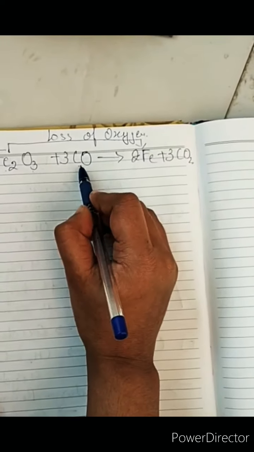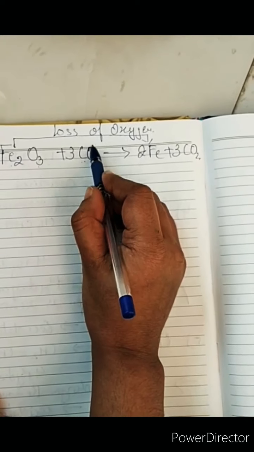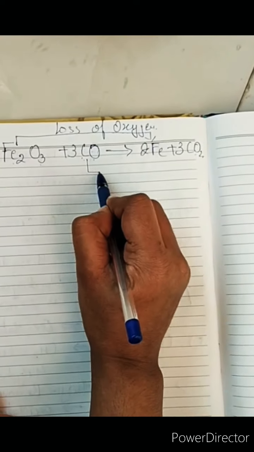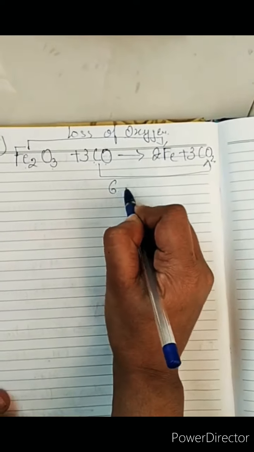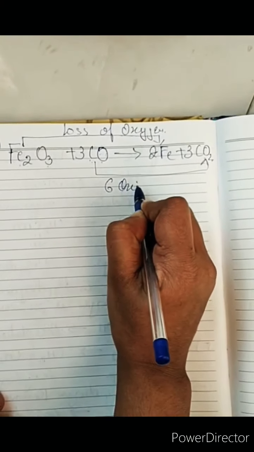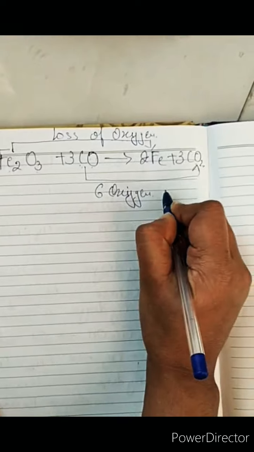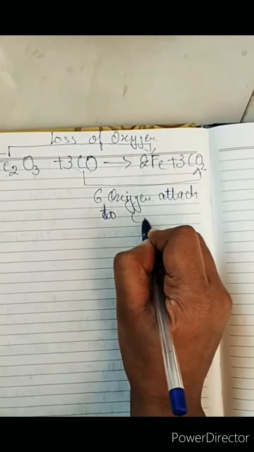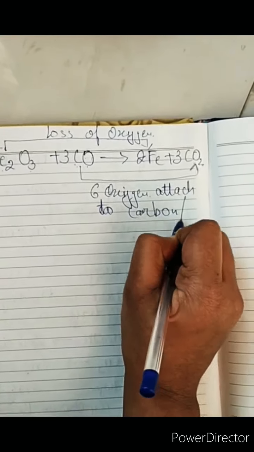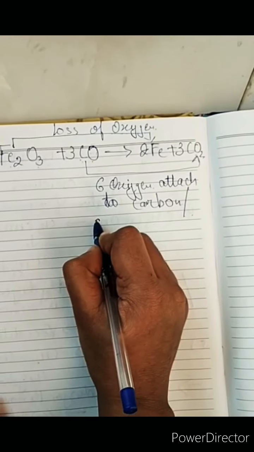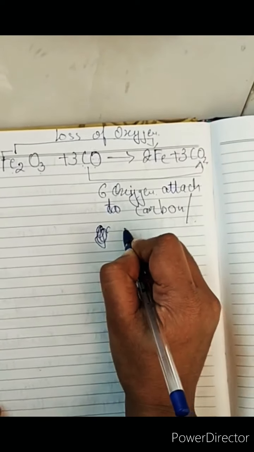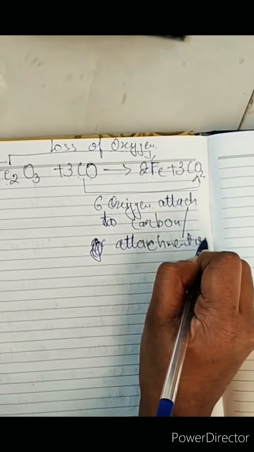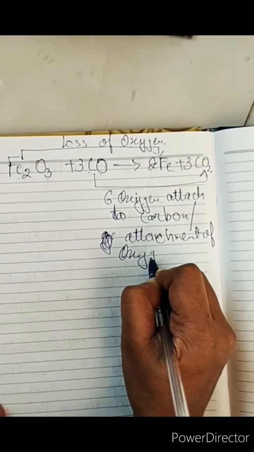And in this compound we have carbon monoxide, that is 3CO. Here is only 3 oxygen with carbon. Right? But here we have 6 oxygen attached to carbon, or we can say more attachment of oxygen.